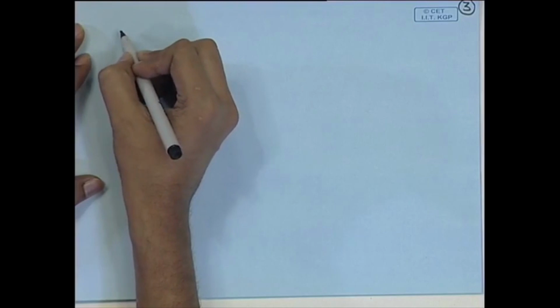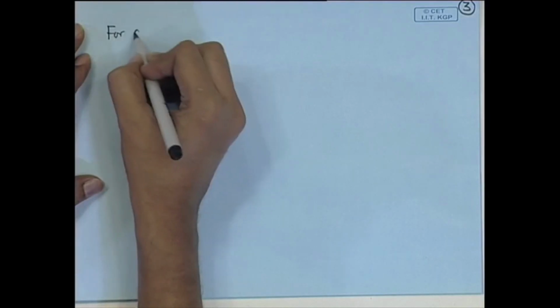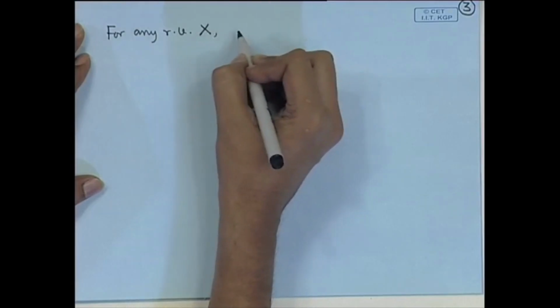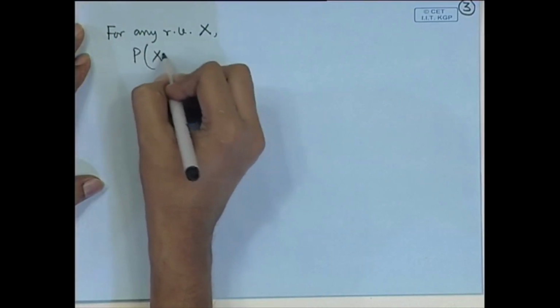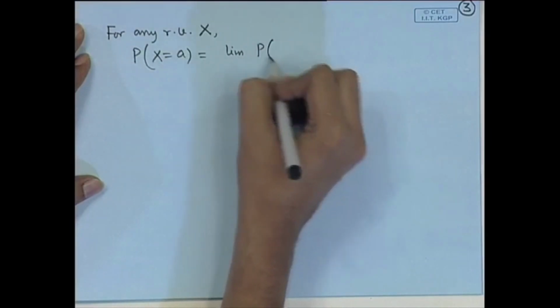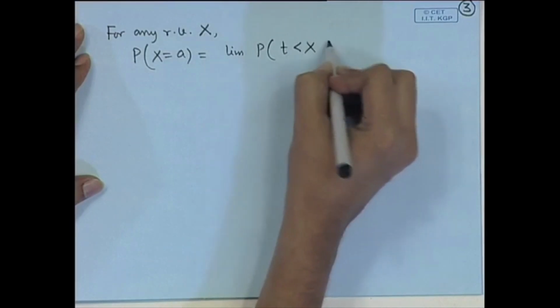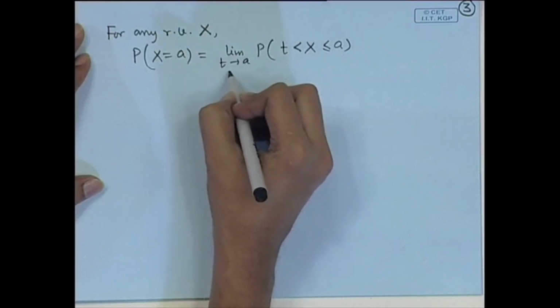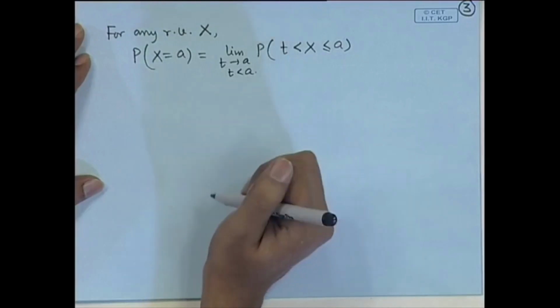To prove that, let us see firstly that for any random variable X, the probability that X is equal to a is equal to the limit of the probability that t less than X less than or equal to a, as t tends to a, where t is less than a.